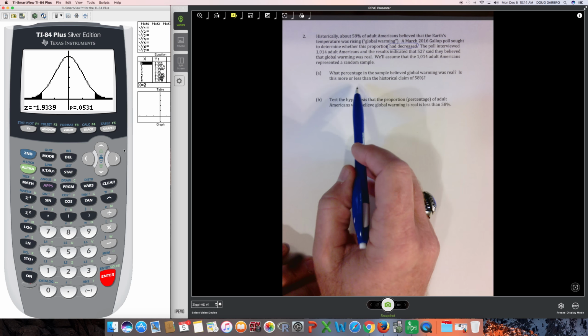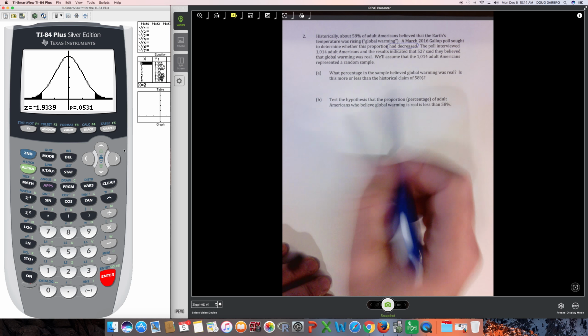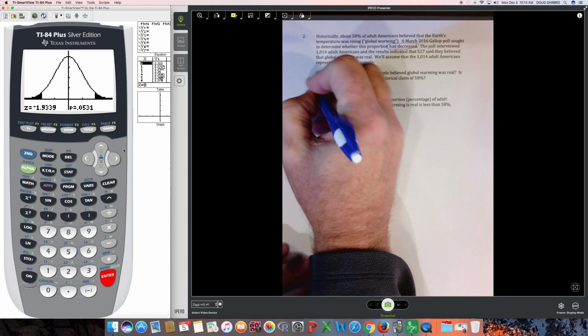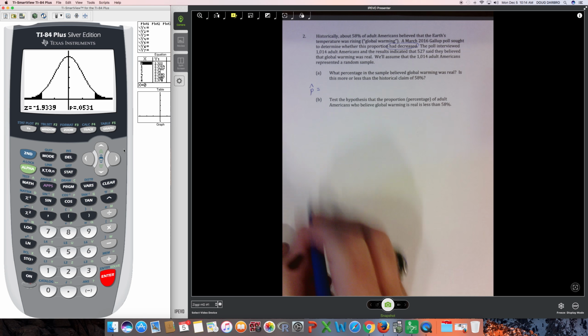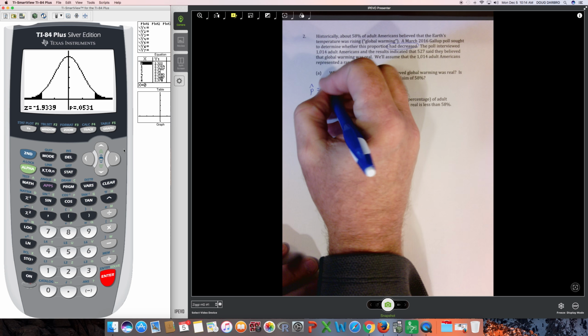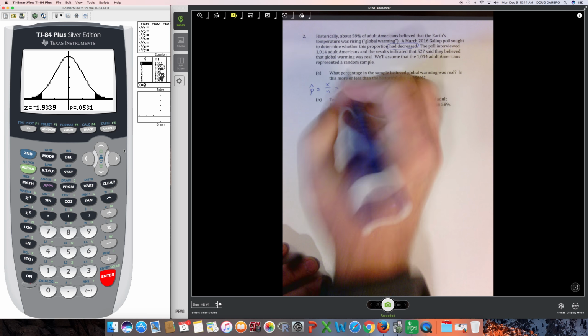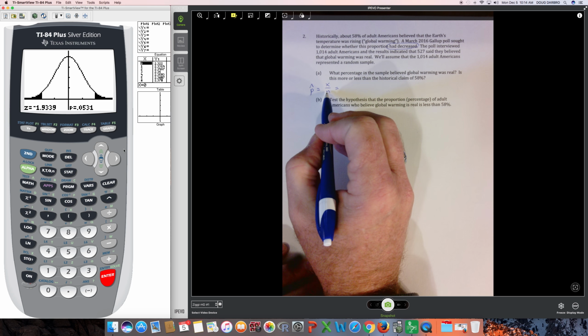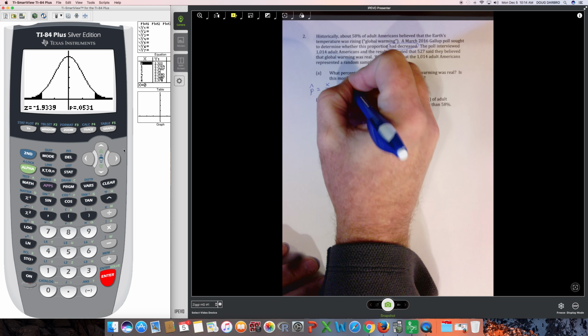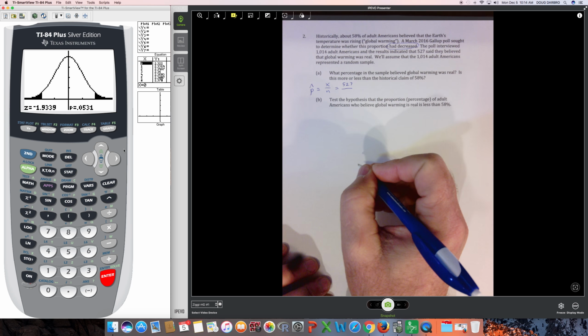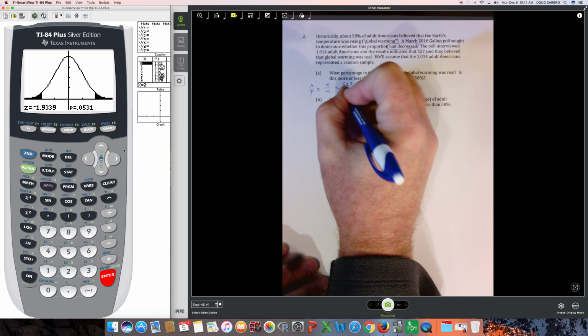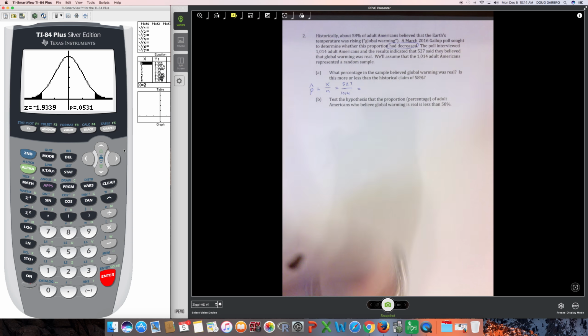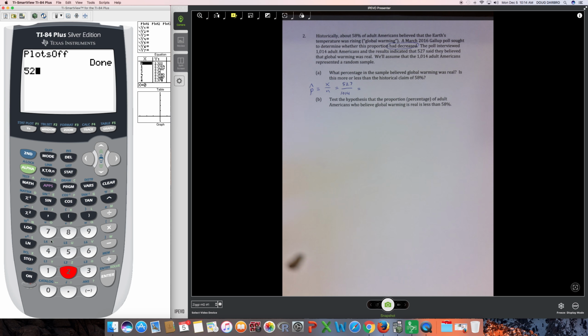Okay, so what percentage in the sample believe global warming was real? Well, guys, our sample notation is given by p hat, and this is x over n. So x is the count out of the whole, which is 527. And of course, the whole is 1,014. So I'm going to go over here to the calculator and put 527 divided by 1,014.